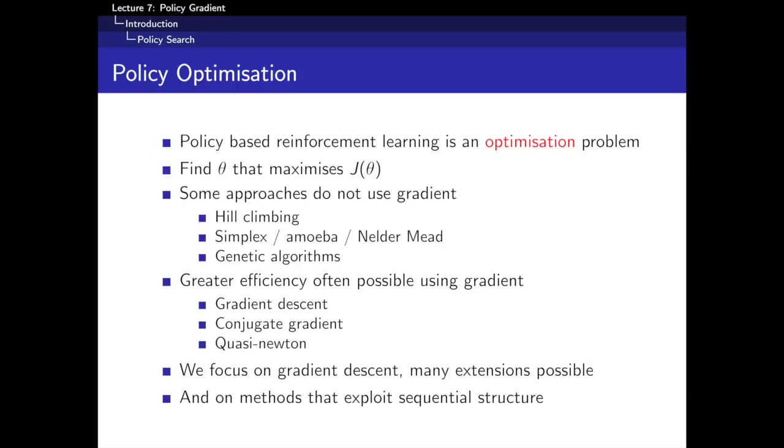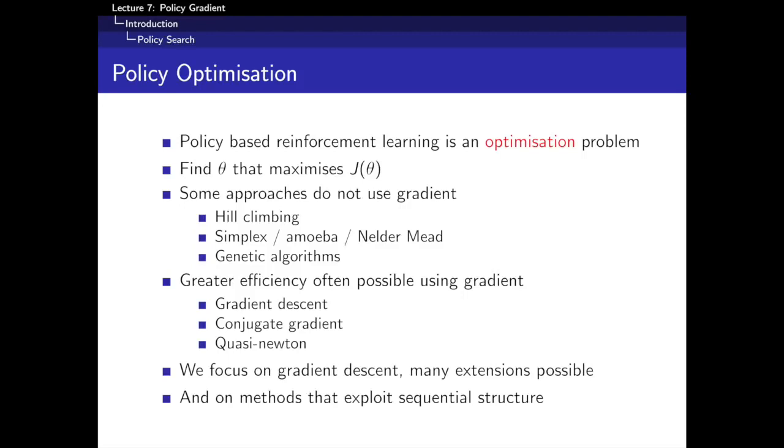Genetic algorithms, these are all optimization methods that you could throw at a policy search problem and try to find the best policy which maximizes one of these objective functions. But typically, the reason people consider gradient-based methods is that if you have access to the gradient, you can almost always get greater efficiency out of your optimization method. And some of the familiar methods for doing this are things like gradient descent, conjugate gradient, quasi-Newton methods.